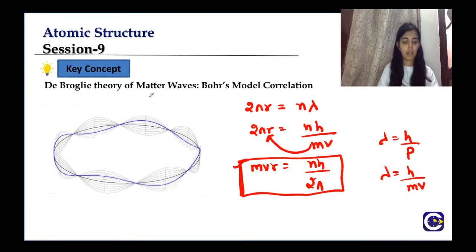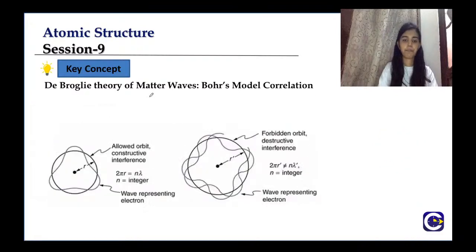Now next we will study, if I am drawing this wave, what is n here? You can look at the matter wave crests and troughs and tell me what is n here.